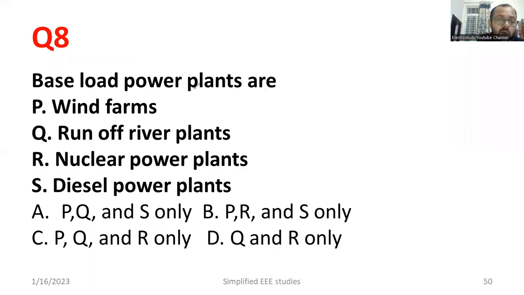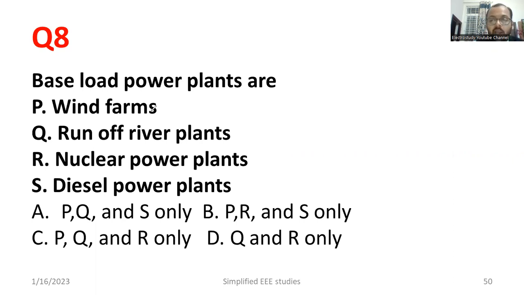Base load power plants are... There are two types of power plant, peak load power plant and base load power plant. The peak load power plants will be operated in typical hours of a day, but base load power plants will be operated throughout the day. That is the difference. Especially wind farms and diesel power plants operate only during a certain peak period, to satisfy the peak demand.